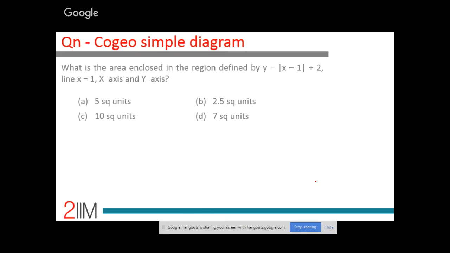Substitute x equal to 1 in this equation, find y. X equal to 0, find y. Y equal to 0, find x. Play around with some numbers, then you can simplify this.